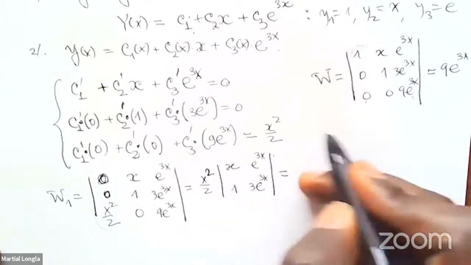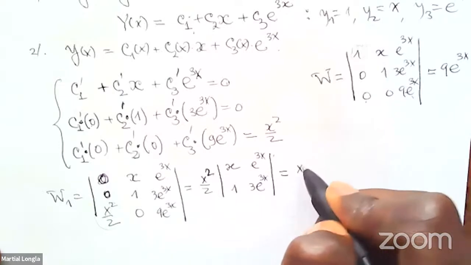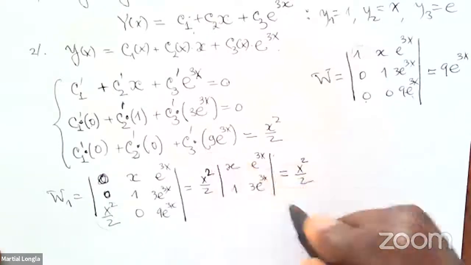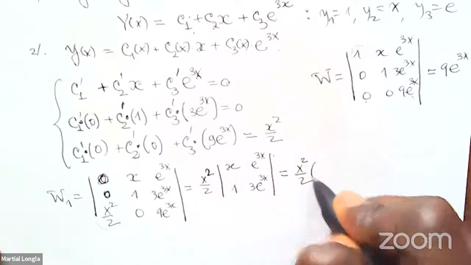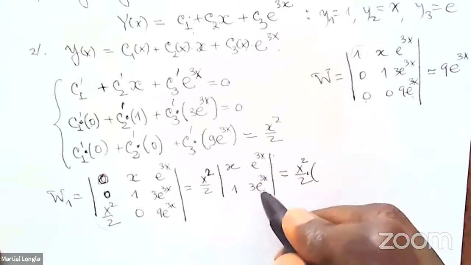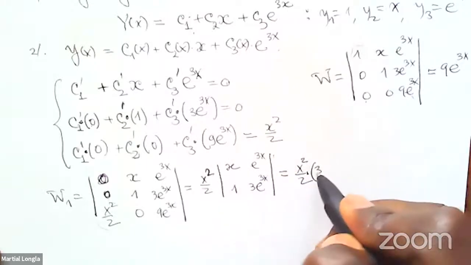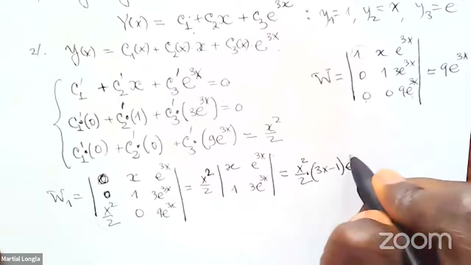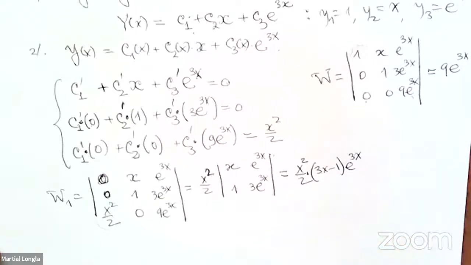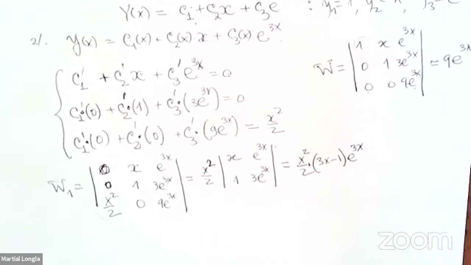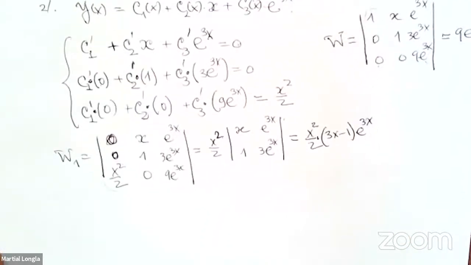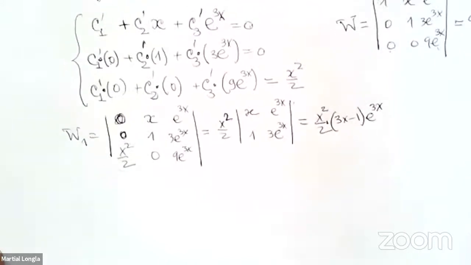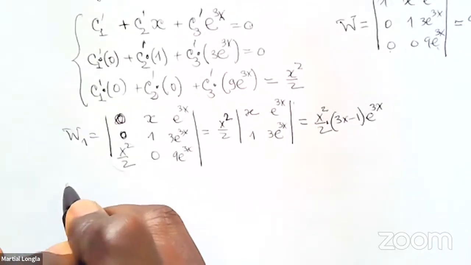And so this is equal to x squared over 2, and you multiply this, that is times 3x minus 1 e to the 3x. That's what you get as W1.